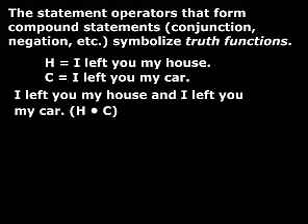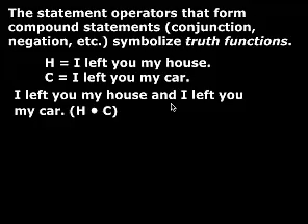So it's a conjunction. It's these two atomic statements, H and C, put together with this conjunction operator, and. And so the statement is actually a big statement, put together with two smaller statements, in this case atomic, and a conjunction operator.